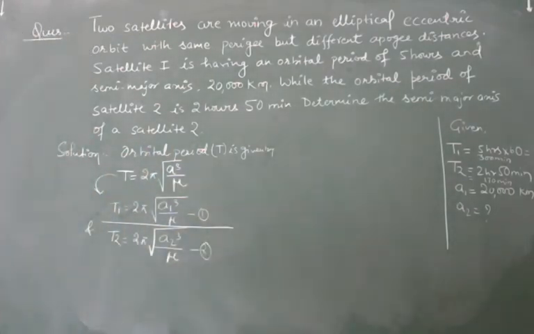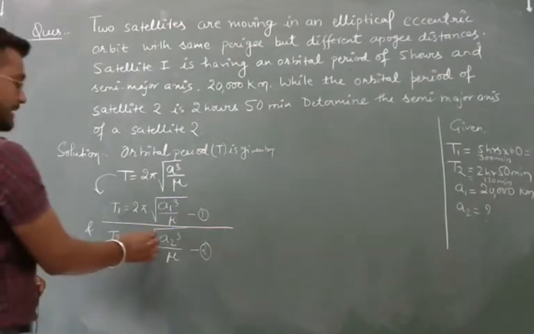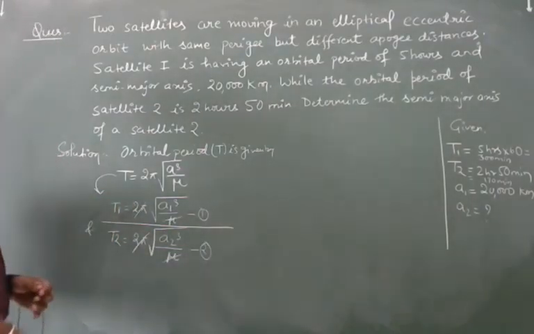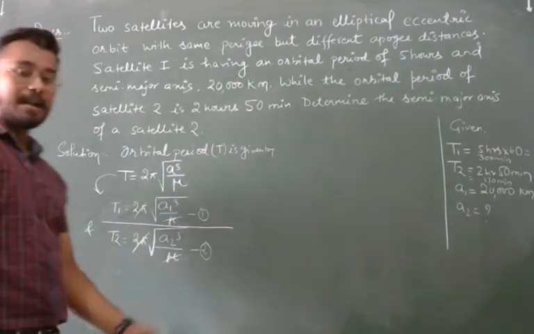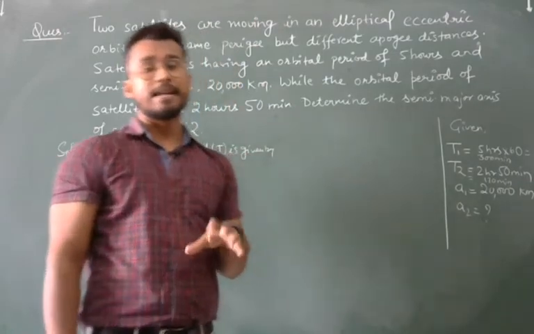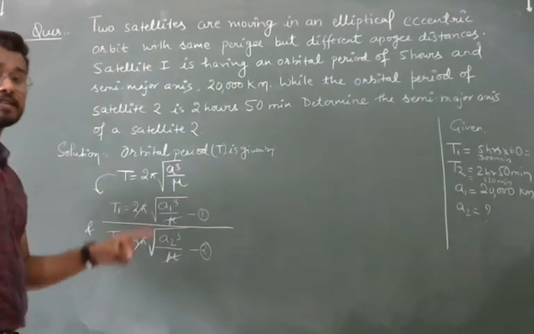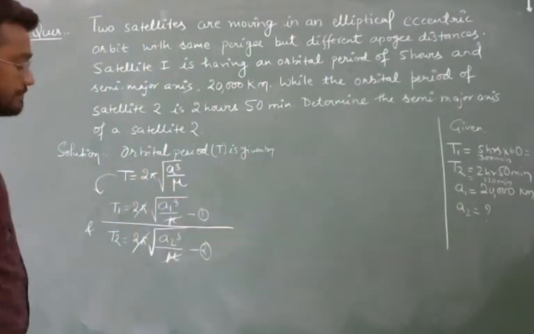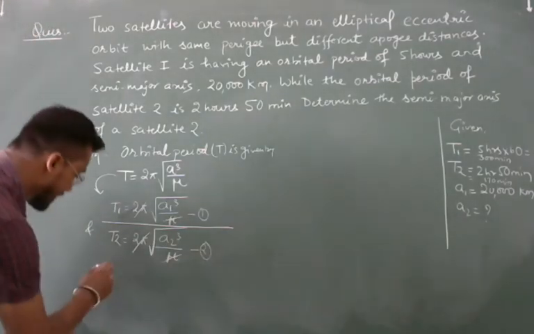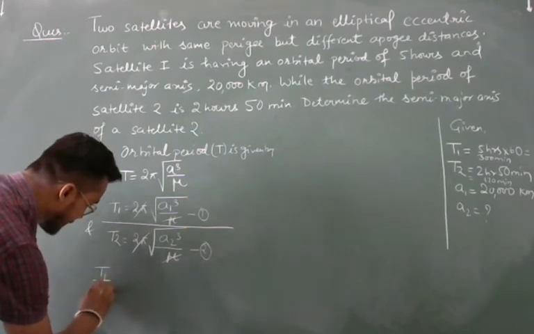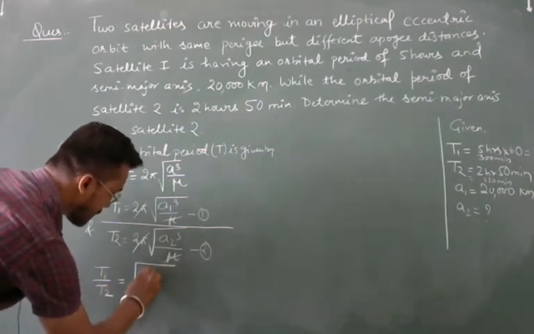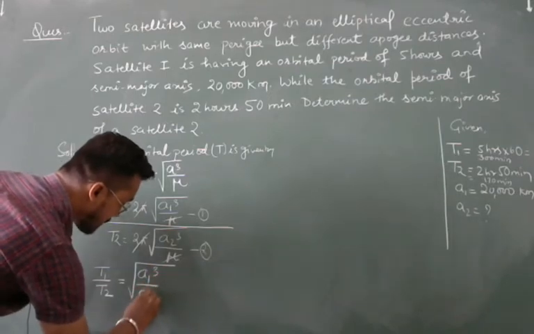While dividing, we can cancel out the 2 pi and the mu, because the mu value we calculated in our previous discussion is 39.8 into 10 to the power 13 Newton meter square per kg. So the new relationship is T1 by T2 is equal to square root of A1 cube upon A2 cube.